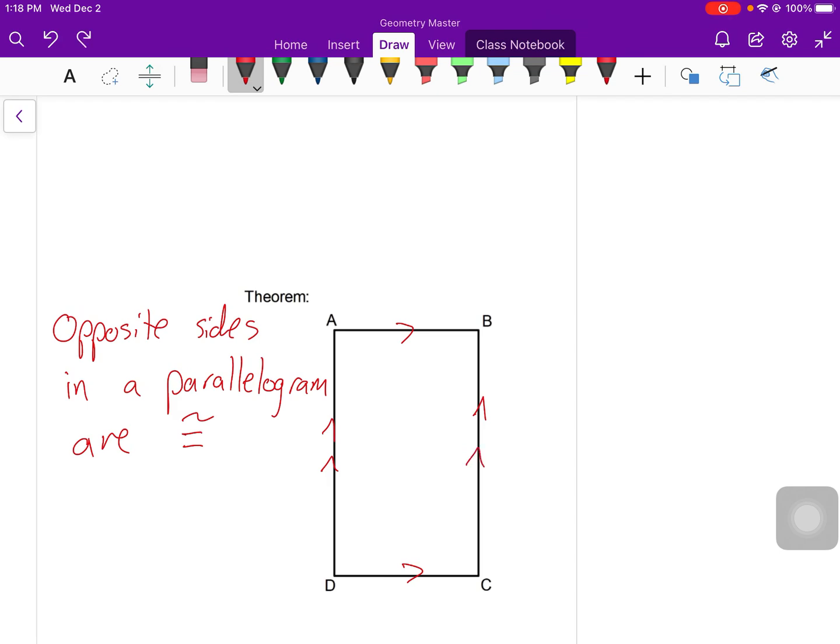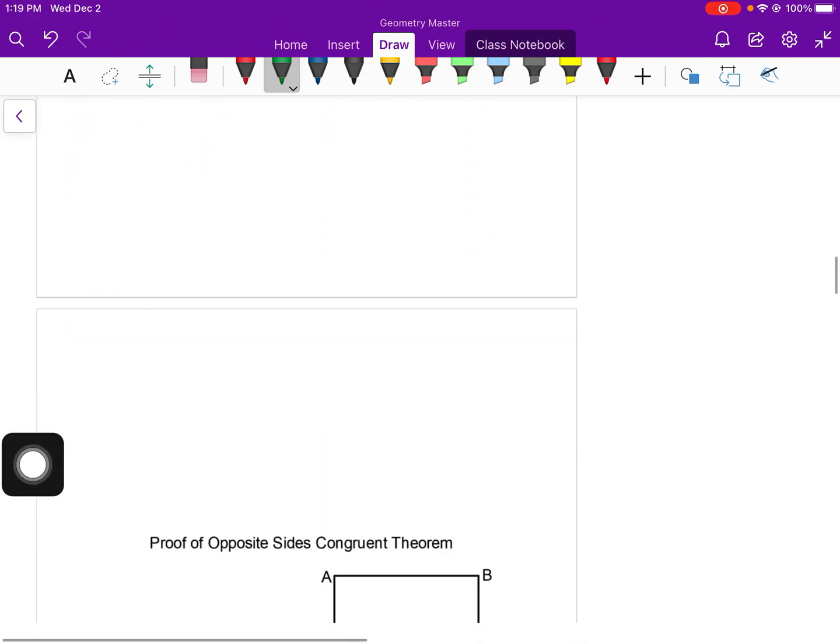That's what we know, just by it being a parallelogram. What this theorem also tells us is that AB and DC are congruent sides, AD and BC are congruent sides, and again, these things are not guaranteed to be the same, so we have to use different markings. So 1 mark here, 2 marks there. Okay, we'll get into special cases later, but not right now.